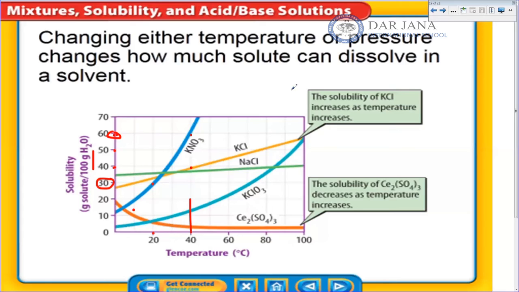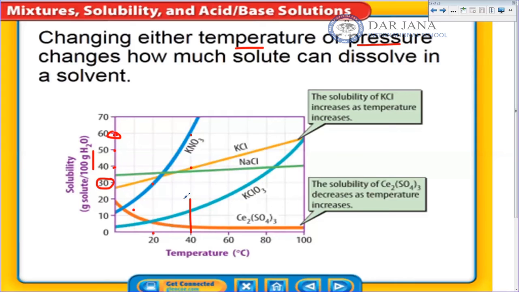Now, what about gases? I need to add one more thing here about gases. What happens as temperature increases if we have a gas? As temperature increases, the opposite will happen. This means that the solubility of a gas will decrease.